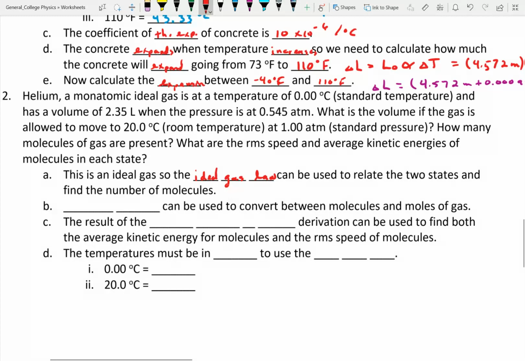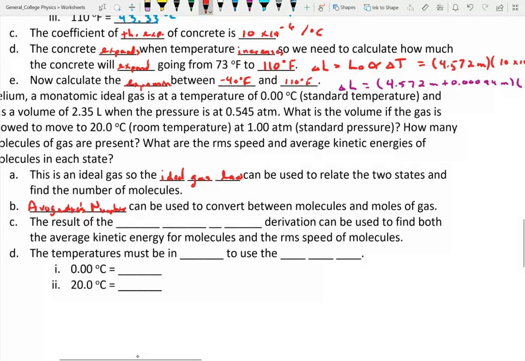So I'm going to do that first. The second one, Avogadro's number, can be used to convert between molecules and moles.